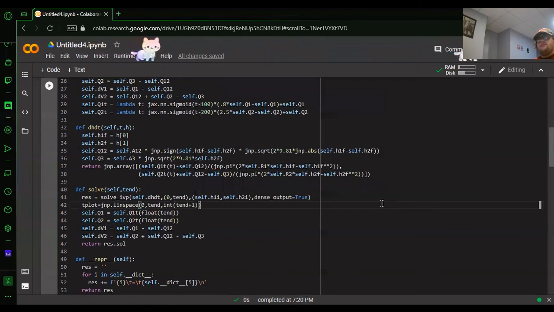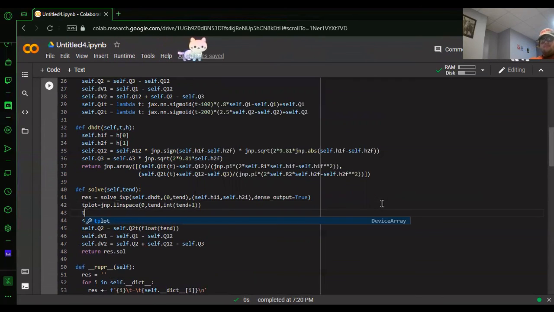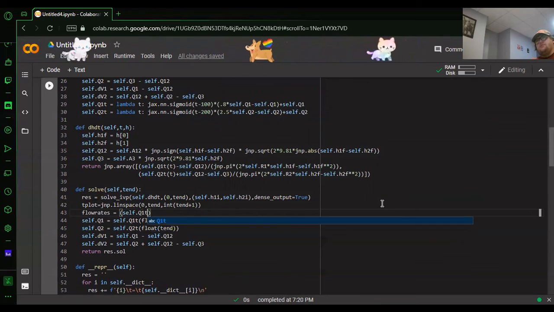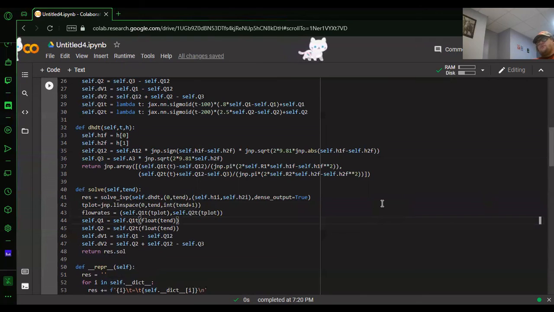Excuse me. So what we're going to do is flow rates equal to a tuple, self 1T, T plot, 2T T. So when this runs, it'll have the initial steady state values, but when this runs, it'll adjust the Q1 and Q2 values to the final values.